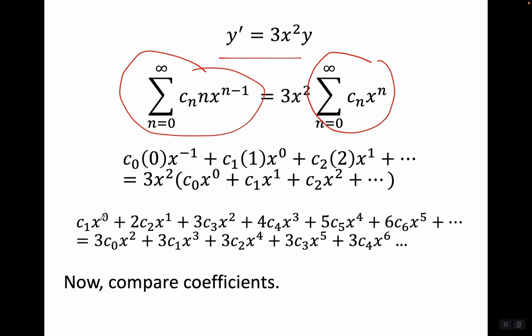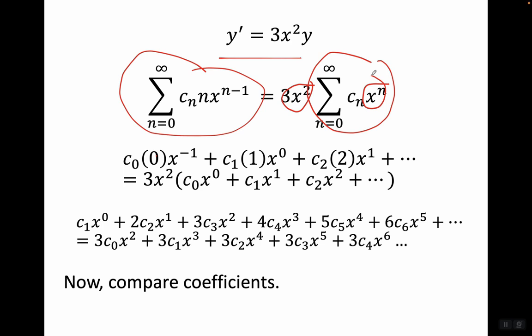When we multiply this out, we get c1 x to the 0 plus 2c2 x to the 1, because there's a 0 in the first term, so we're not going to count that, plus 3c3 x squared, 4c4 x cubed, and so on, equals 3c0 x squared plus 3c1 x cubed plus 3c2 x to the fourth, etc. And that's because this x squared combines with this x to the n.